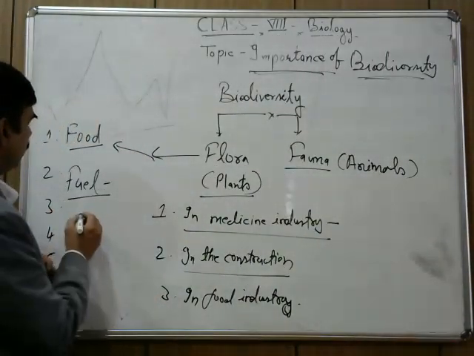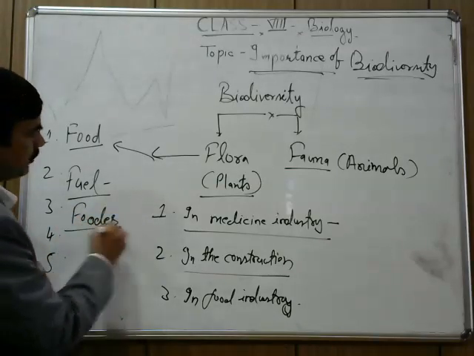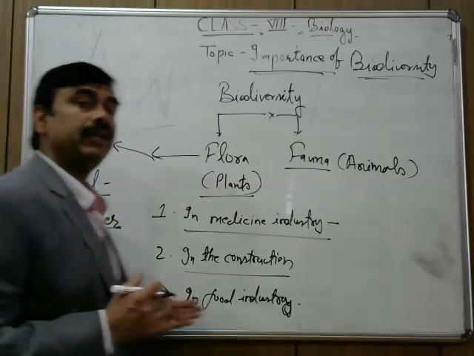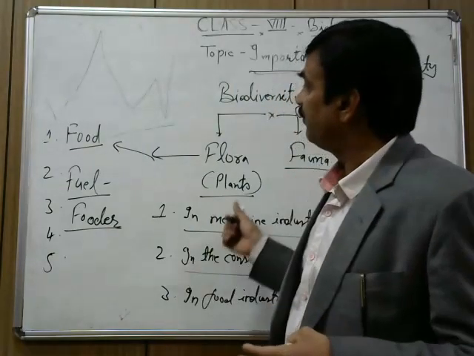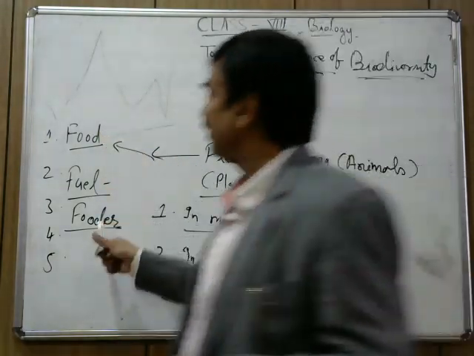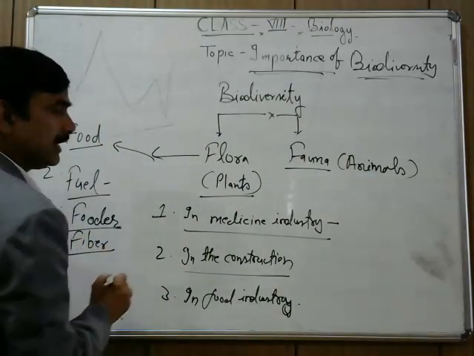Food, fuel, fodder. Fodder means green grasses, like many cattle eat green grasses, cherries, barsim. So from flora you can get 5F: food, fuel, fodder, fiber, and then furniture.